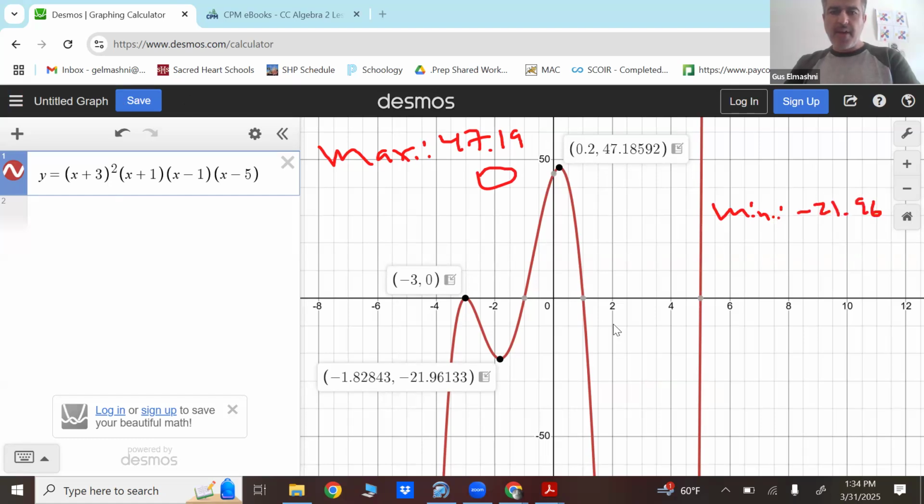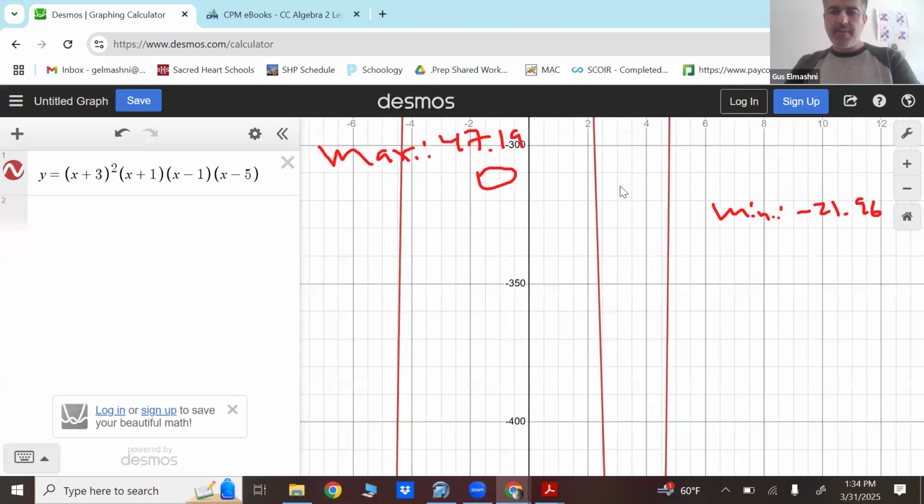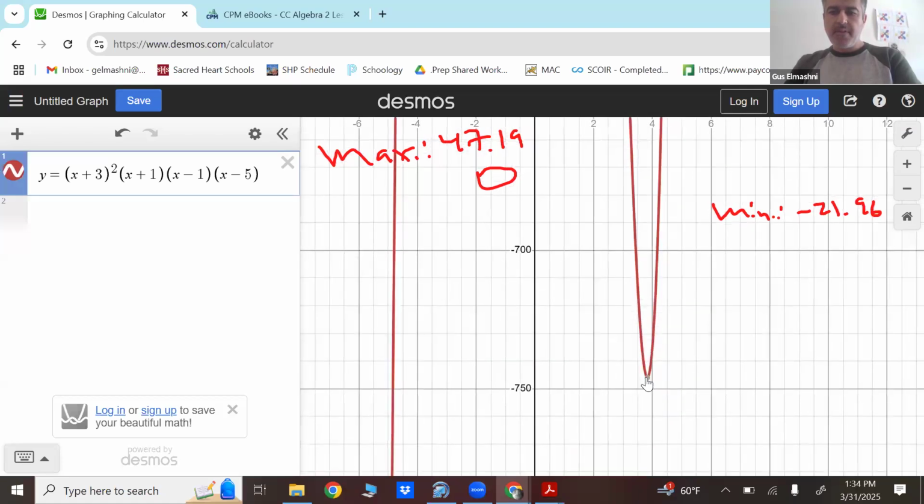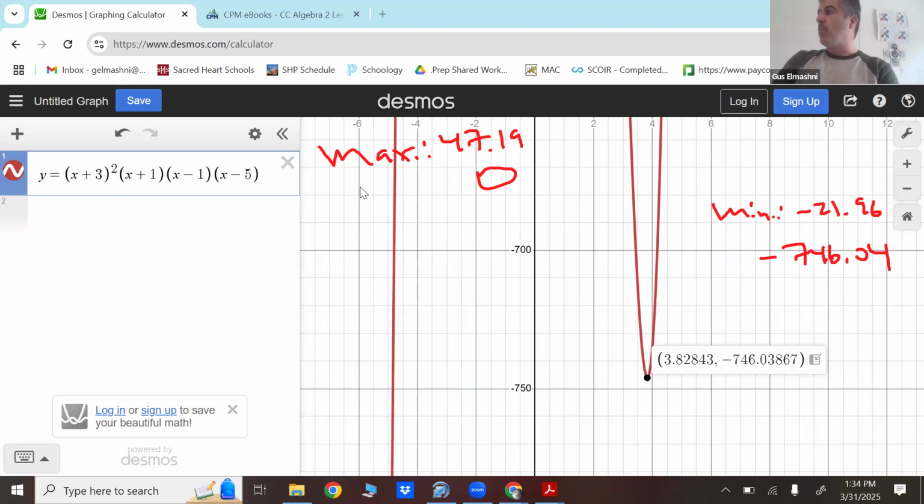And one of those way down here. Yikes, negative 746.04. Excuse me. Thanks. Negative 46.04. Okay. Just peaks or valleys. That's all. How many, right? There are 4 total. And then what they are afterwards are the max and min values. So we see that. Okay, great.